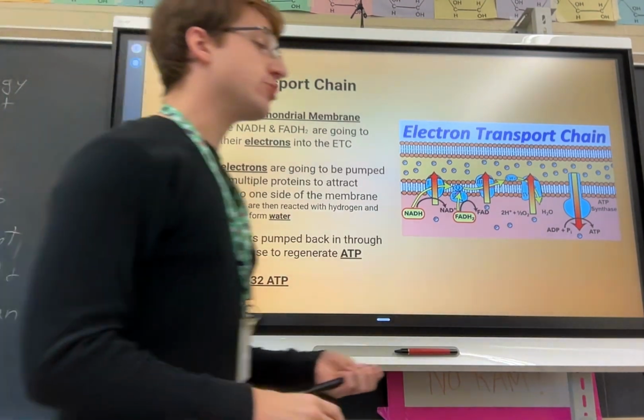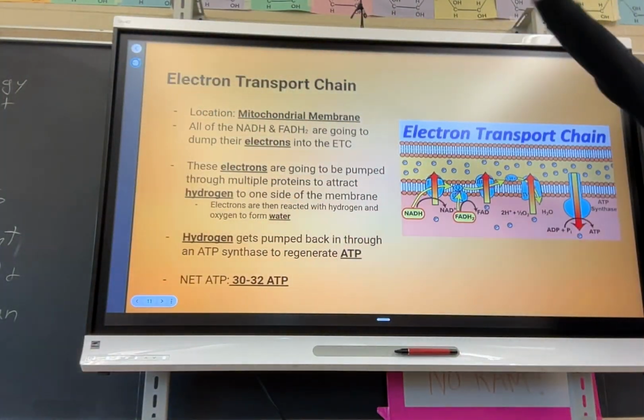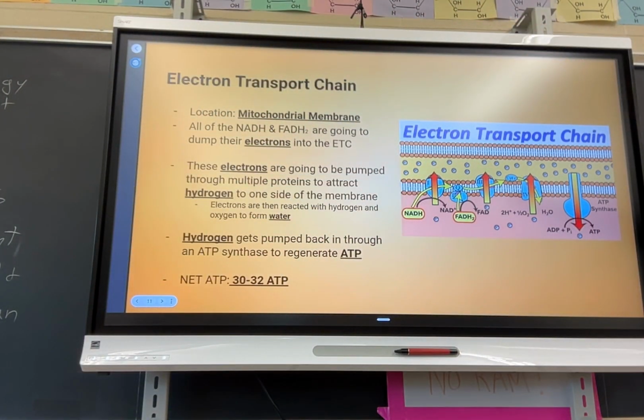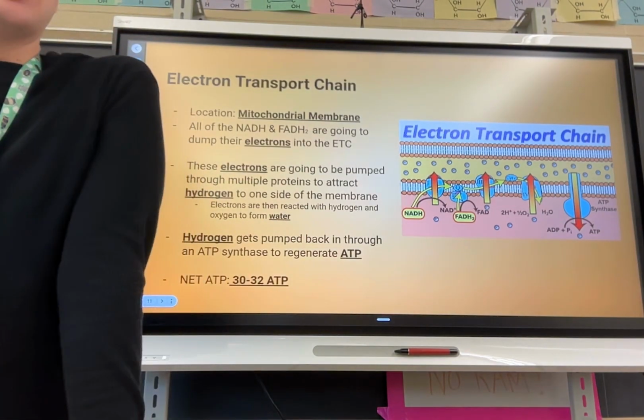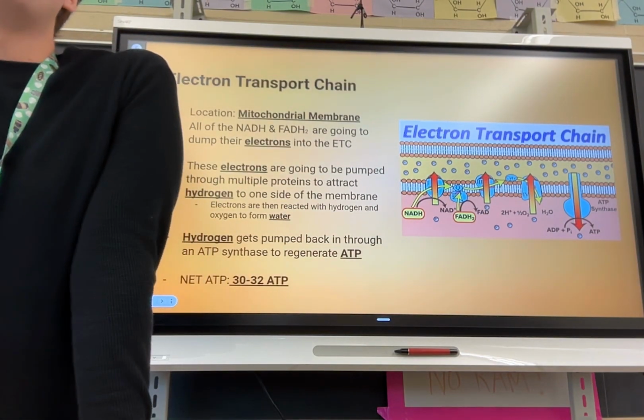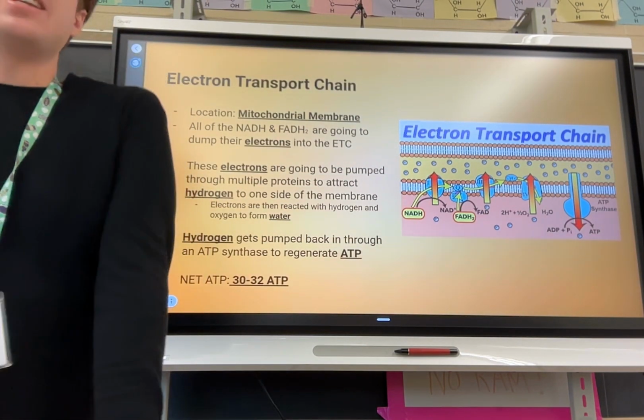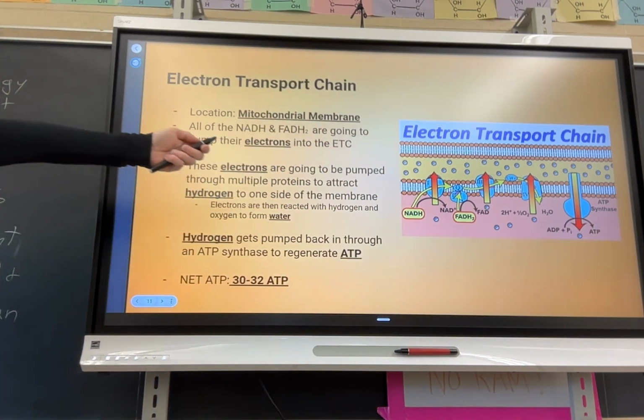What we're going to do is take all of the NADH and all of the FADH2, all of the electron carriers that we have stored up thus far. It's going to be like they're dropping off their kids at daycare. They're going to dump all of their electrons into this monstrosity.